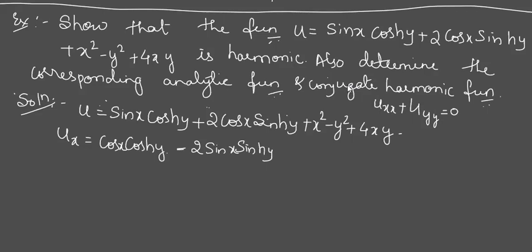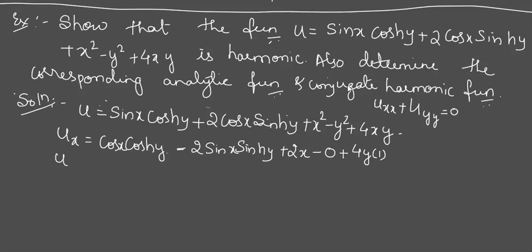Minus sin x. So I am writing here minus. With respect to x, what is the derivative of x square? 2x. Y square, 0. Then here 4y is constant. X with respect to x is 1.